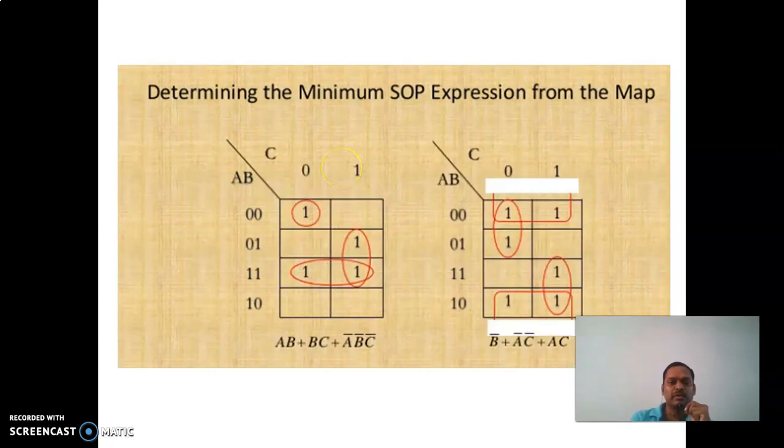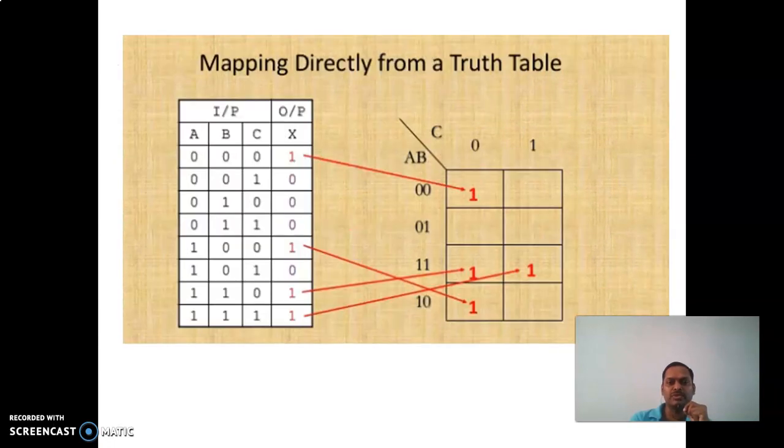This is a 3 variable K-map. How to combine these in the 3 variable K-map using the given expression. And by using a truth table also, we can consider it as a K-map. For example, we have the inputs called ABC, and the ABC have the output with the x value, and wherever we have the ones here, we take them as minterms.